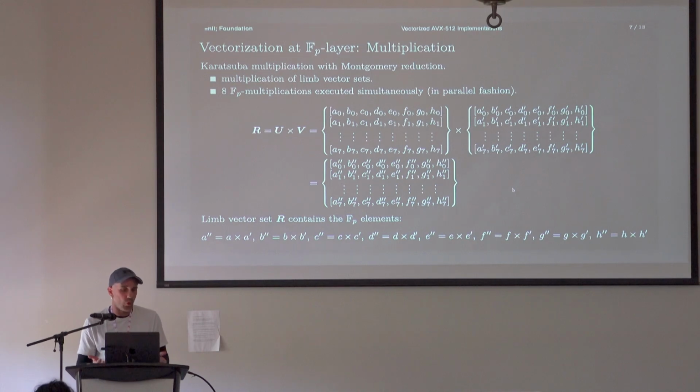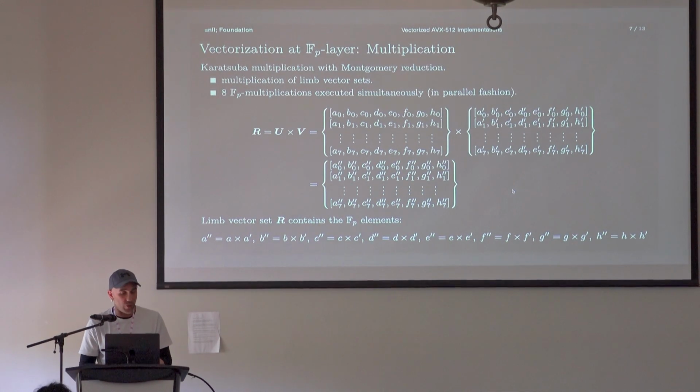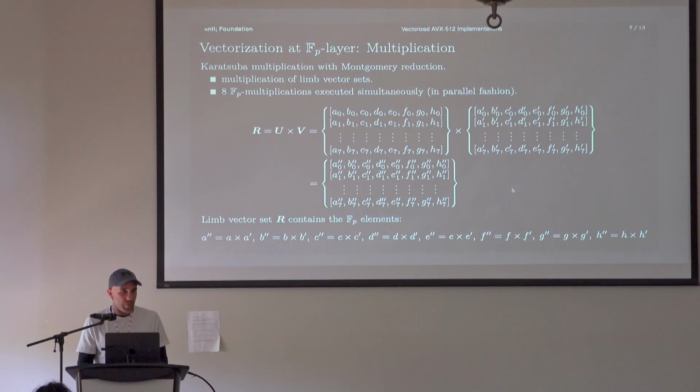And in order to do a vectorized multiplication over fp, what we did is we vectorized Karatsuba multiplication with Montgomery reduction. We replaced the single instructions with vector instructions, and we ended up with an algorithm that performs 8 multiplications over fp in parallel.